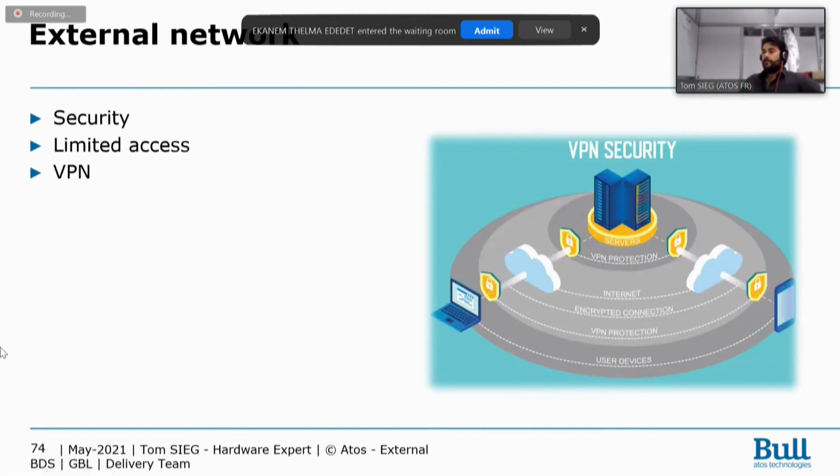Normally, you have your company or business security, like VPN, firewall, access control, etc. That should be enough for your company, but your HPC system may need specific security, because of course you don't want someone from outside going into your data center and taking some data you don't want them to have.